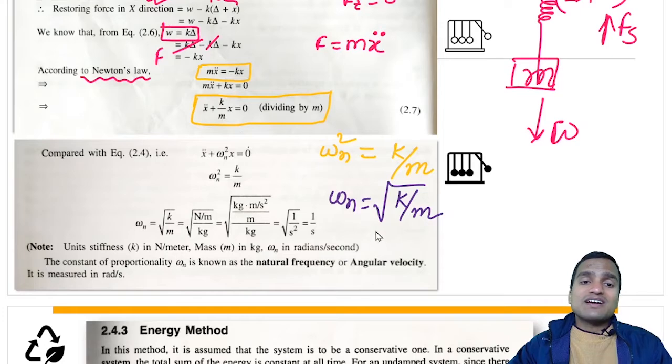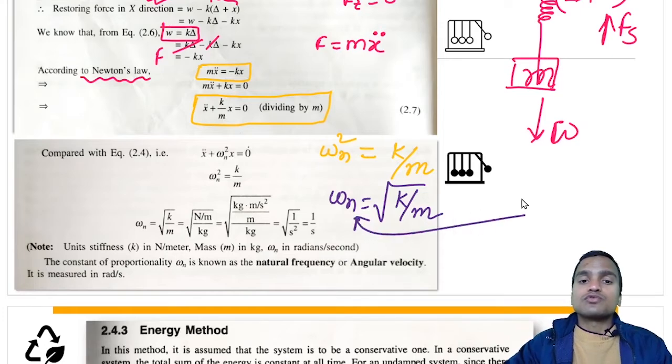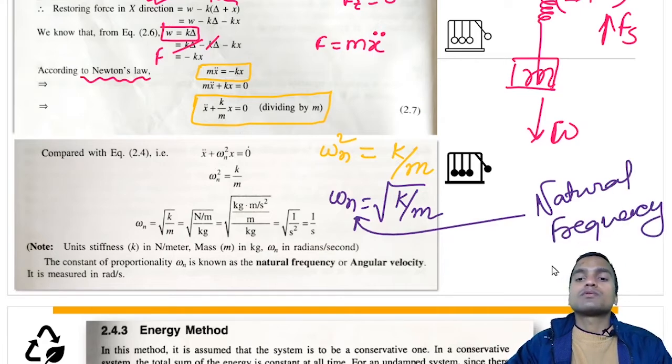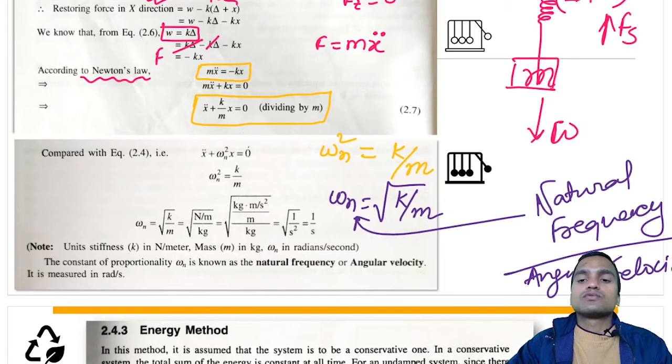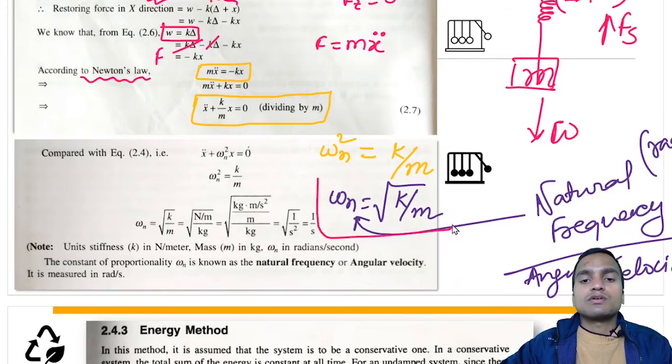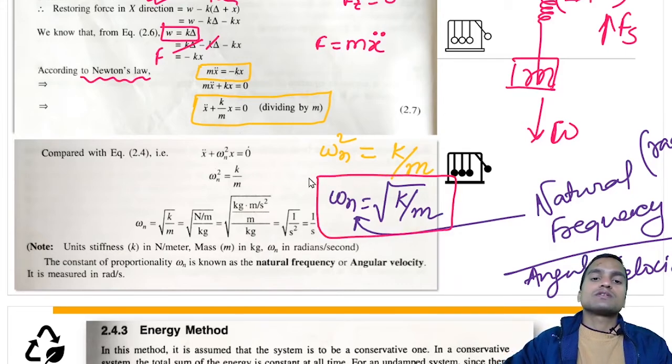Omega n is said to be the natural frequency, which is very important to calculate, and it is also known as angular velocity. The unit is radian per second. So this is how omega n is calculated. All of you can remember this formula, omega n is equal to root under k by m. This is an important conclusion that we derive here.